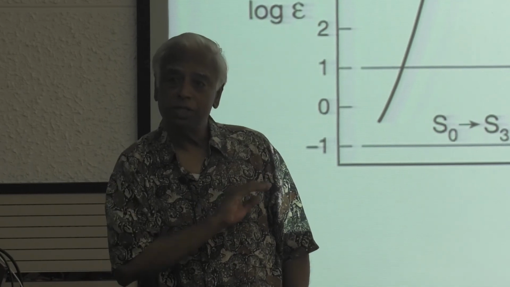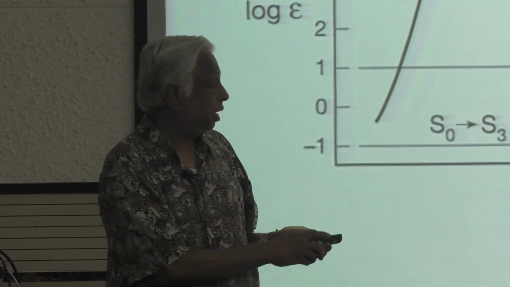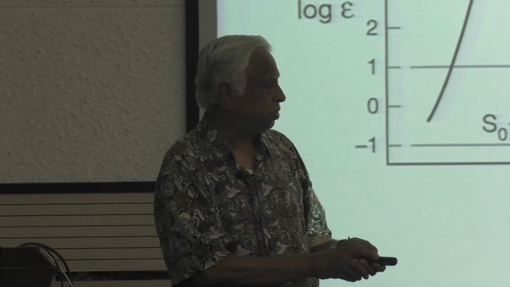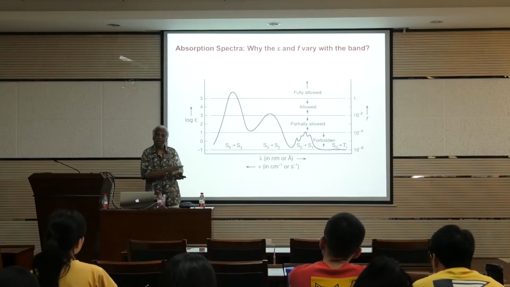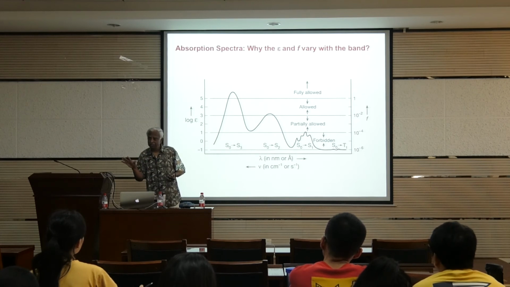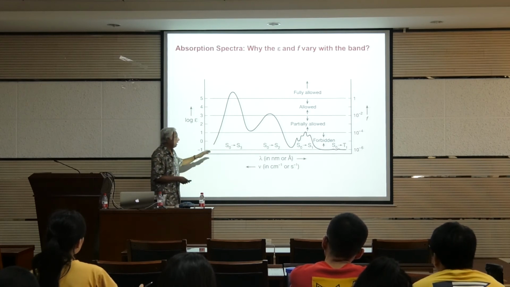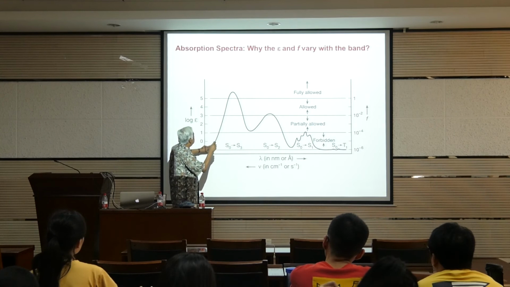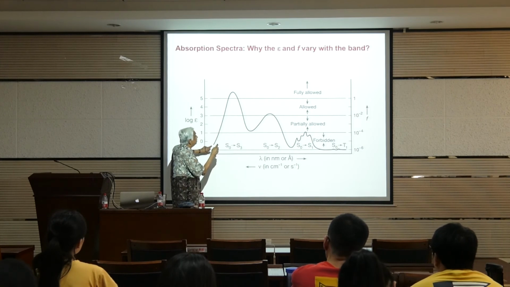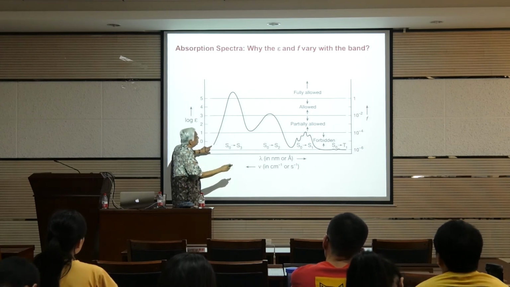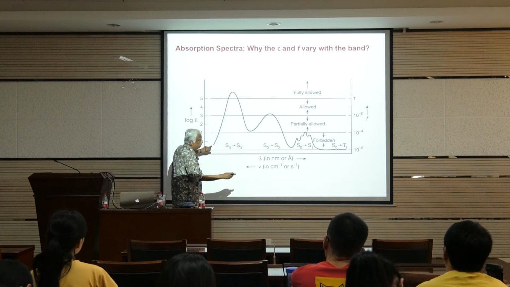As you see in this picture, the absorptions for S0 to S1, S0 to S2, S0 to S3 are not identical. If identical, you will have a spectrum like this, where everything goes to the same height. But obviously this is high, pretty high, medium, smaller, and the other one here which is tiny.